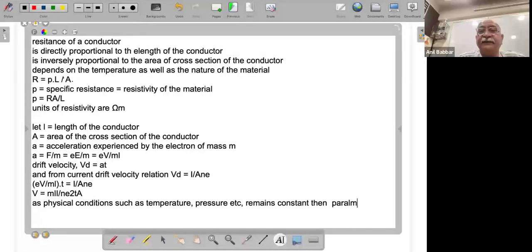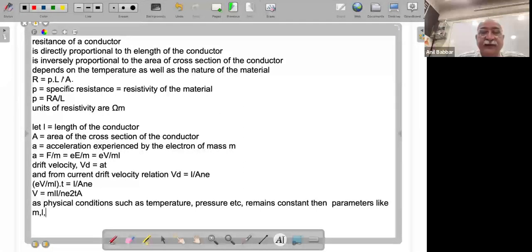Then parameters like m, L, area of cross section, n, and of course e, the charge on the electron, remain constant.